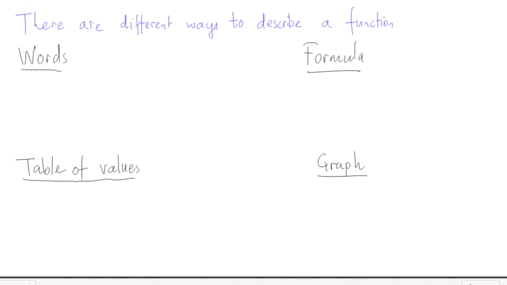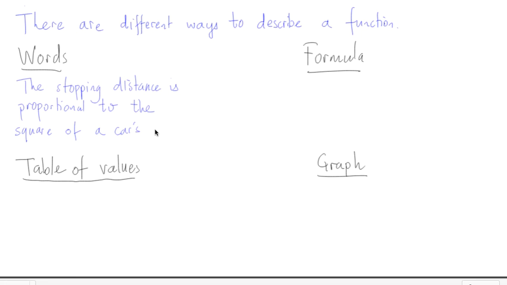So if we looked at our example with the stopping distances, in this case we could say that the stopping distance is proportional to the square of a car's speed.